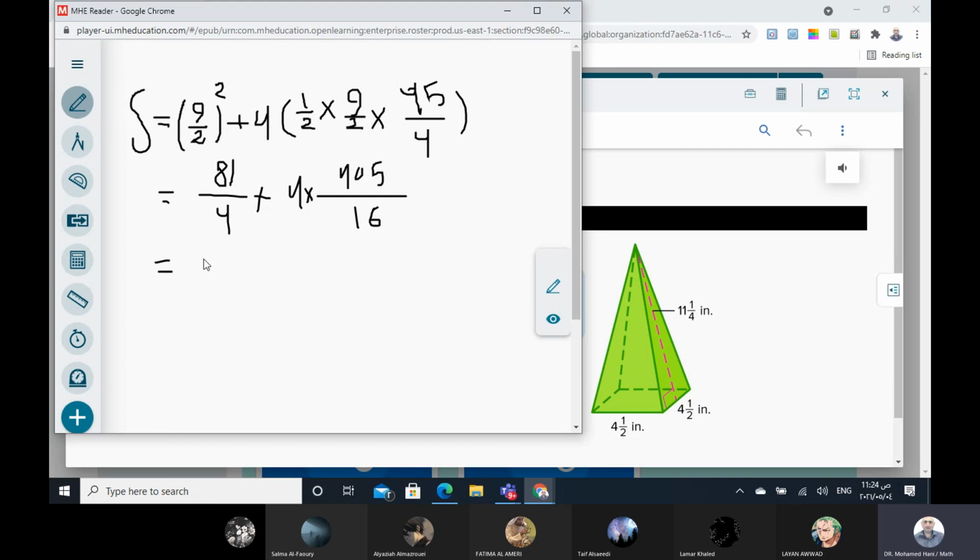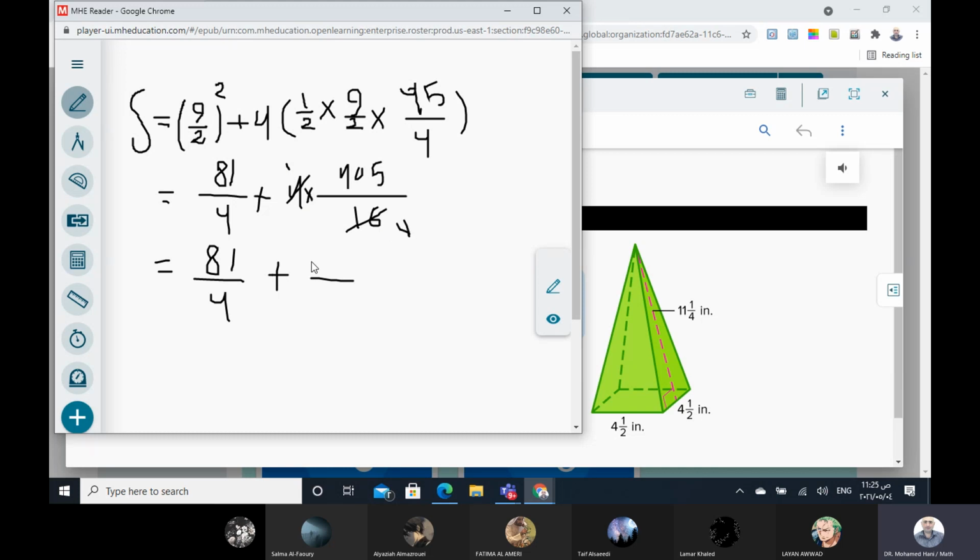So here we have 81 over 4 plus, and here we have 4 and 16. We can do the simplest form here. Divide by 4 and divide by 4. 4 divided by 4 is 1, and 16 divided by 4 is 4.